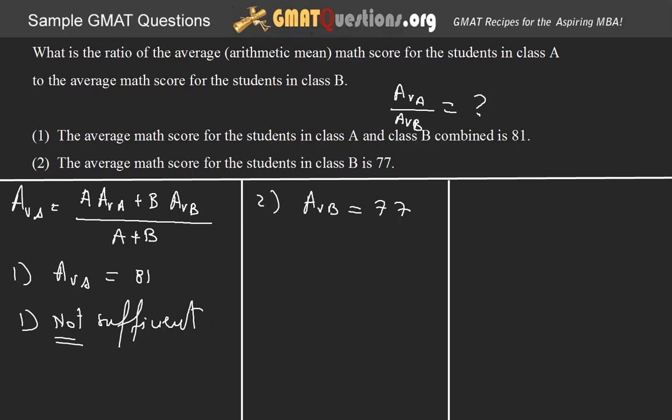And again, for the same reason, without wasting much time here, I hope you can see that there is no way in the world we can find the ratio AVA over AVB, because we have way too many unknowns, and these unknowns will not cancel each other out. So for the same reason, number two is not sufficient. You don't want to waste time here trying to figure it out.